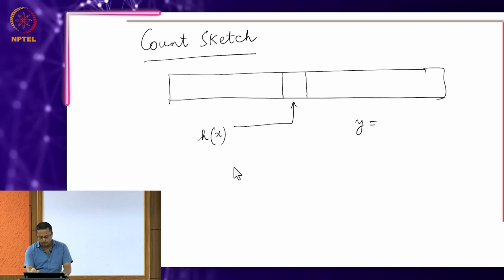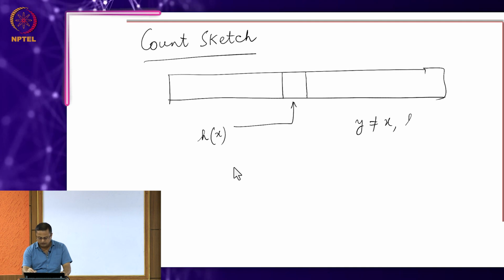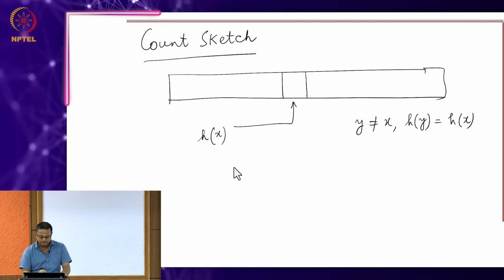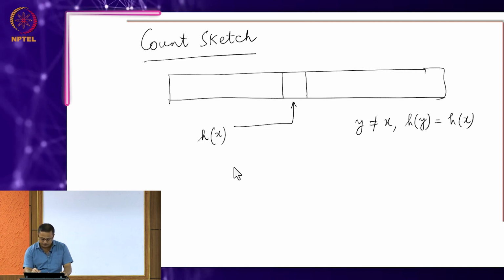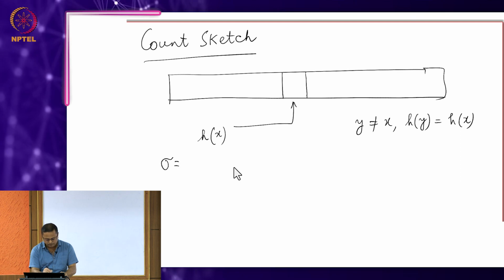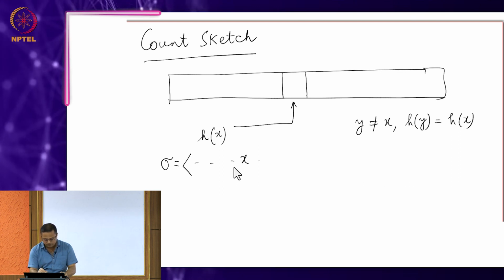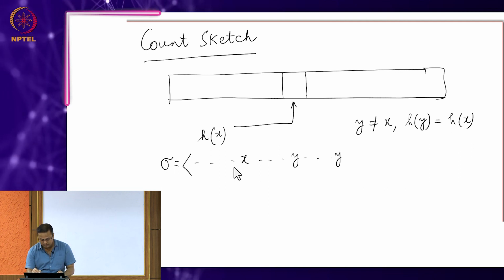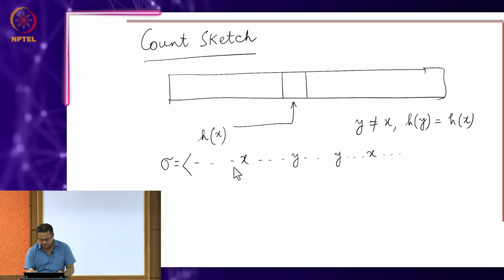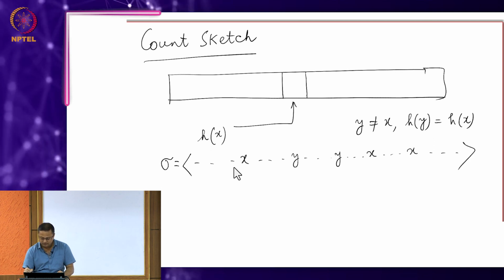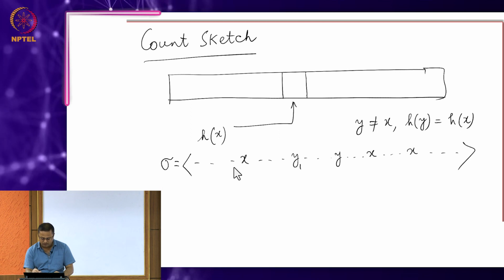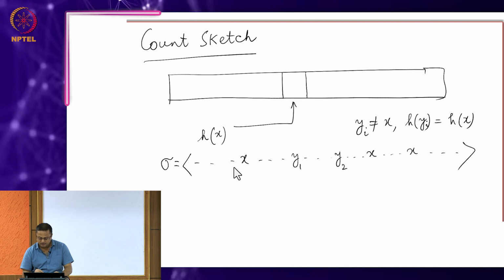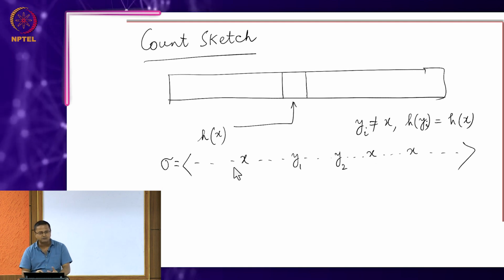Now, by now you know that there would be y not equal to x such that hy is equal to hx. So, this element y would also, in fact there would be many such y's. So, let me mark them as y1, y2. So, there will be many such yi's which go and disturb the frequency of x.